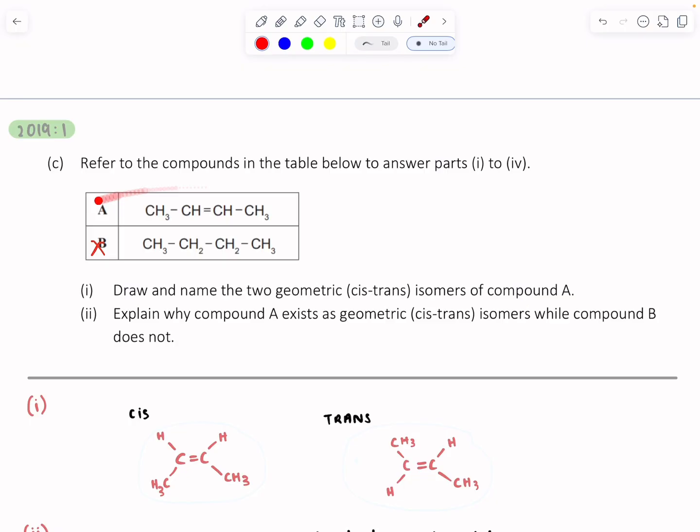All right. So next part, explain why compound A exists as geometric cis-trans isomers while compound B does not. Just to put this into a diagram that we can easily understand, because I know looking at it linearly is a little bit tricky, if I was to draw it focusing on these middle carbons as the central part of this diagram, and everything else is up here.